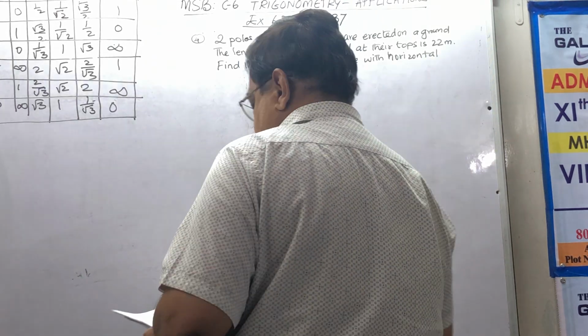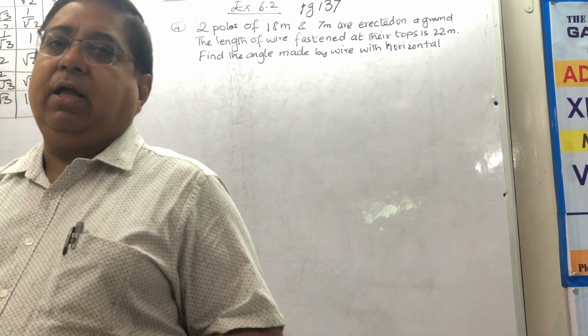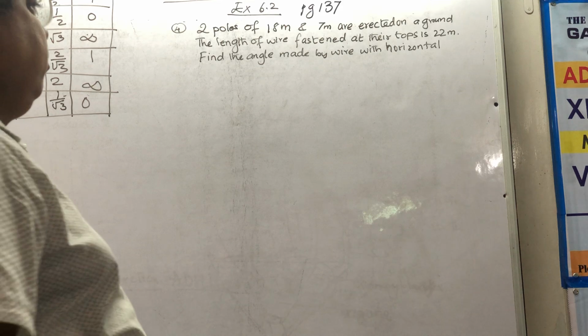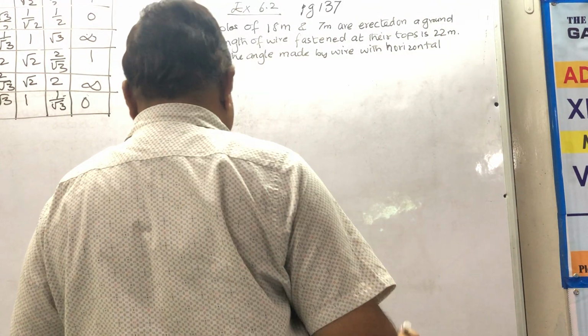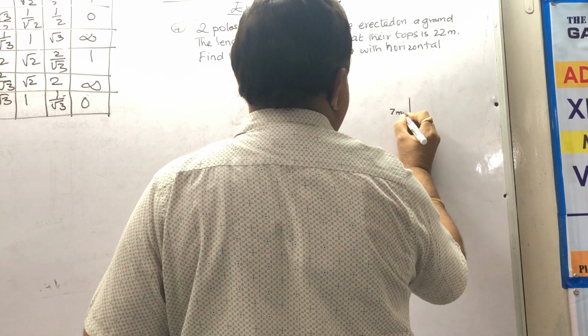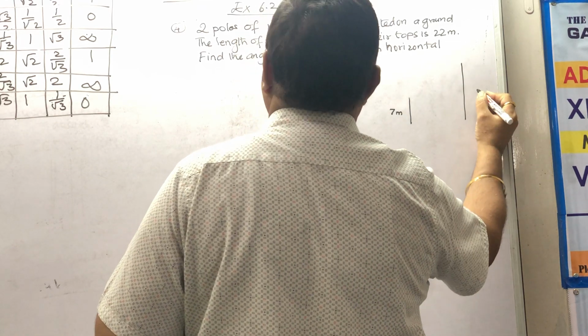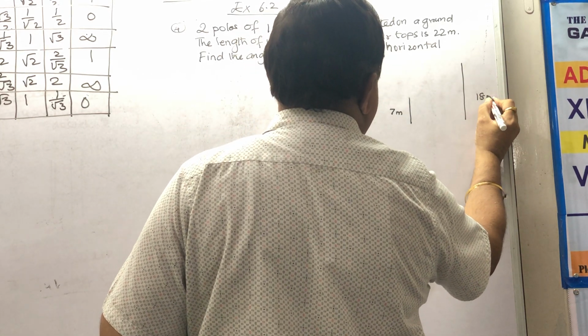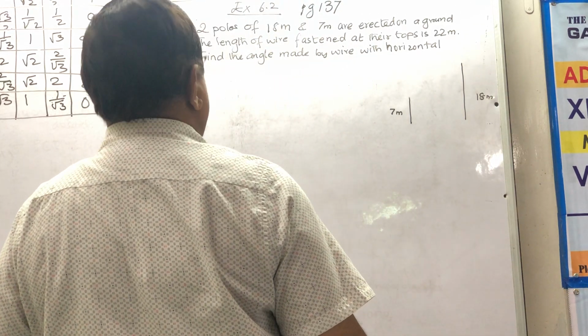Now they have given us sides and they are expecting theta. First we will draw the diagram. Okay, there are poles. Pole number 1 is 7 meters, pole number 2 is 18 meters, same sum like last time.